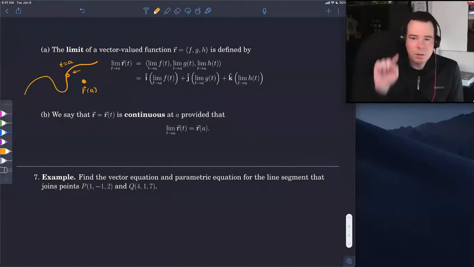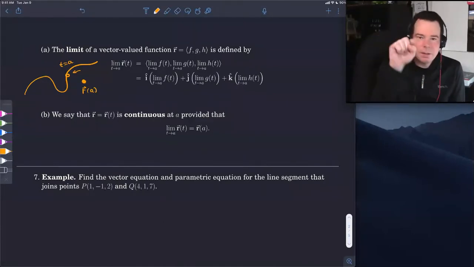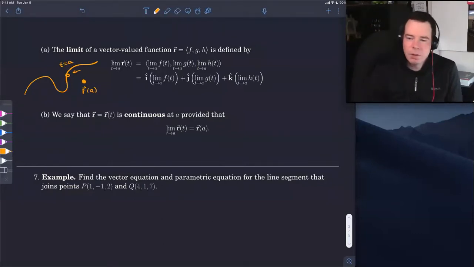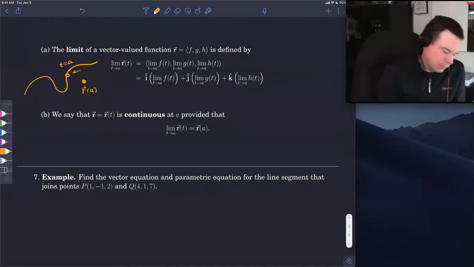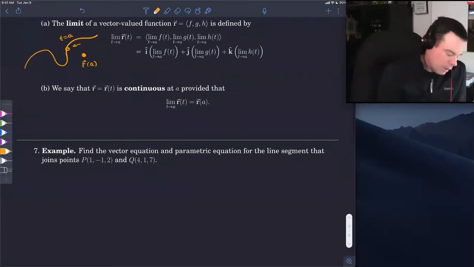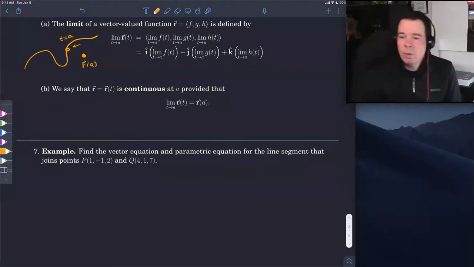So it's the same kind of thing that we would have for calculus 1. We're now just going along curves that can double back on themselves and travel around in space. So we've got a much more general type of curve, and we can still talk about limits of those. The most important way we're going to use limits, though, is in the derivative. The other thing we can use limits for is to talk about whether a space curve is continuous or not. That's like the example I drew in orange.